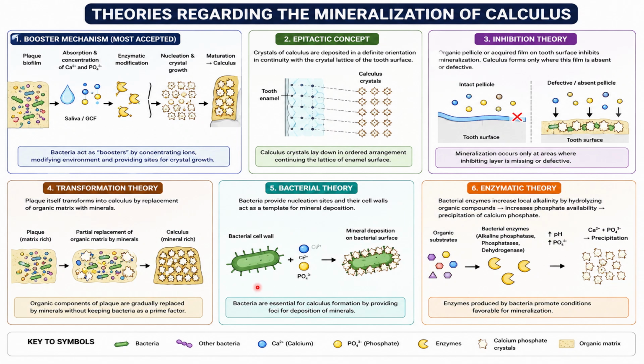In this, the bacteria are essential for calculus formation by providing the foci for deposition of minerals. Sixth is the enzymatic theory. In this, the bacterial enzymes increase the local alkalinity by hydrolyzing organic compounds, increasing the phosphate availability, and precipitation of calcium phosphate is favored.